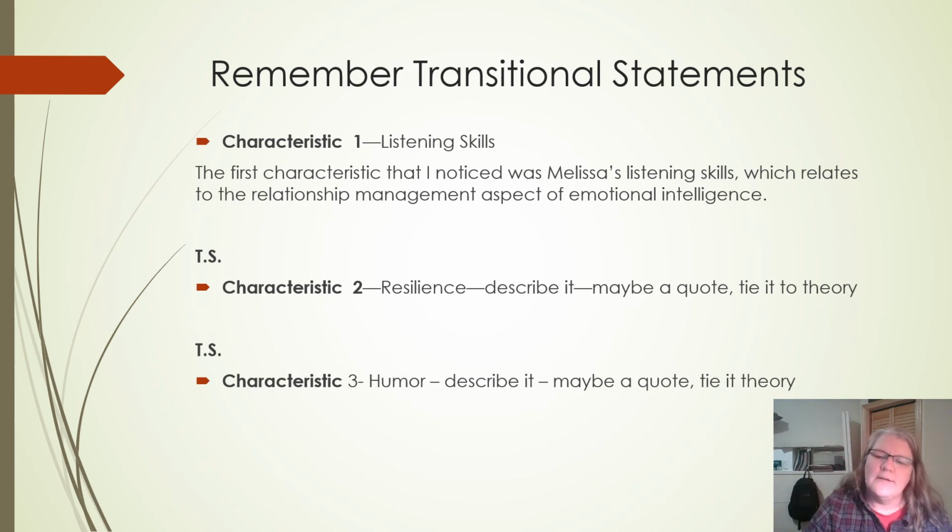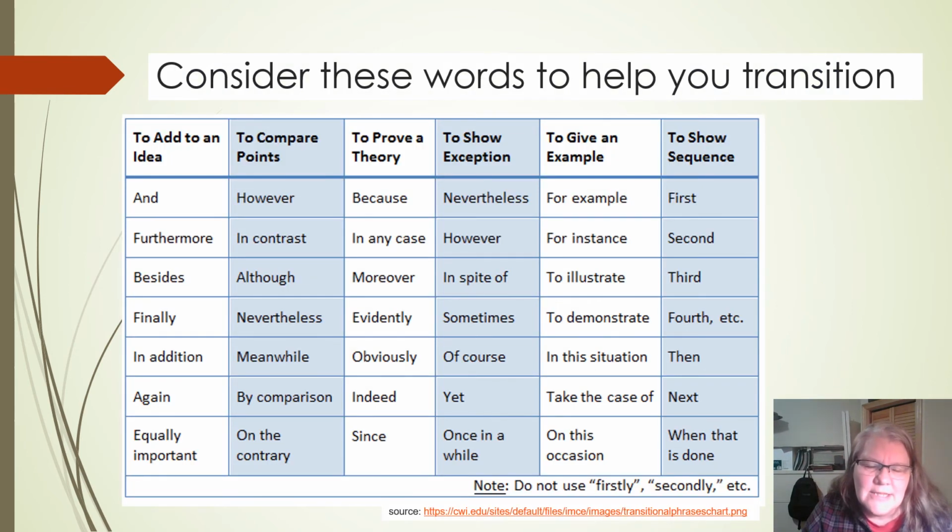Now, often our go-to is to say the first characteristic, the second characteristic, and the third characteristic. Look here at this slide. I want you to think beyond those descriptors. I don't want you to write first, second, and third. I want you to think about how you might use, look at the far left column here, the word furthermore, besides, finally, again.